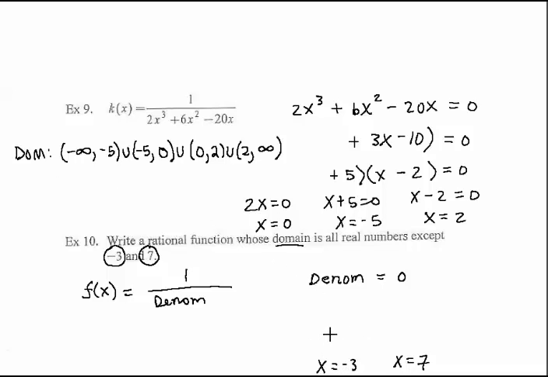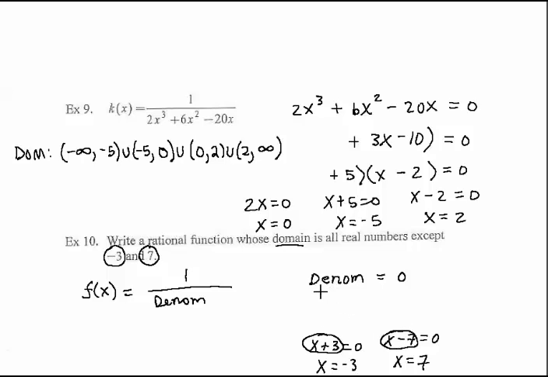Well, that is x plus 3. This x equals -3 would have come from this simple equation here, x plus 3 equals 0. And x equals 7 would have come from this equation, x minus 7 equals 0. And so these are the factors of our denominator.